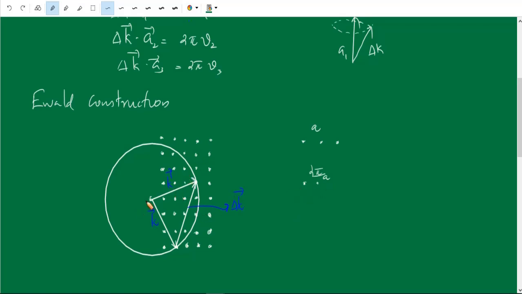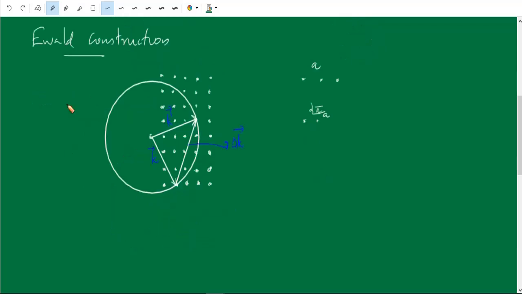So I have drawn the figure of the Ewald construction here, and I will explain how to do it. The first step is to draw a propagation vector k along the X-ray beam.